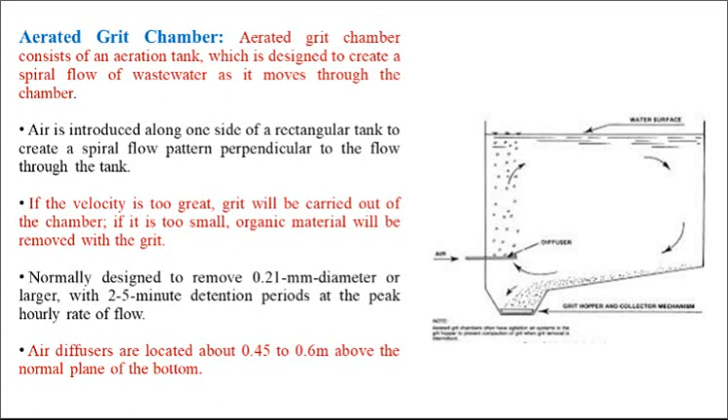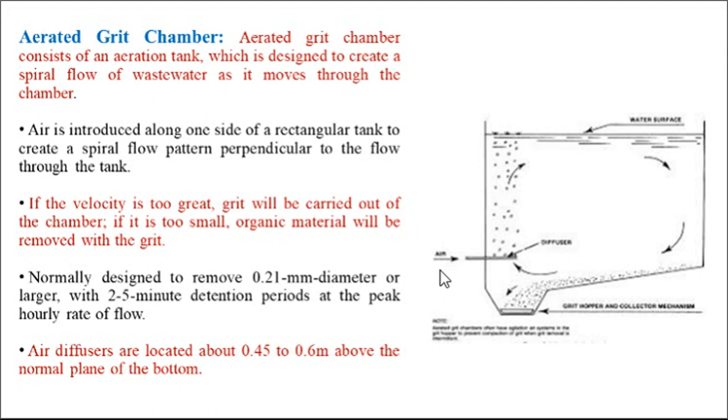It is normally designed to remove 0.21 mm diameter particles or larger with a 2 to 5 minute detention period at the peak hourly flow. Air diffusers are located about 0.45 to 0.6 meter above the normal plane of the bottom. This figure shows the aerated grit chamber. It is just like a rectangular sedimentation tank.